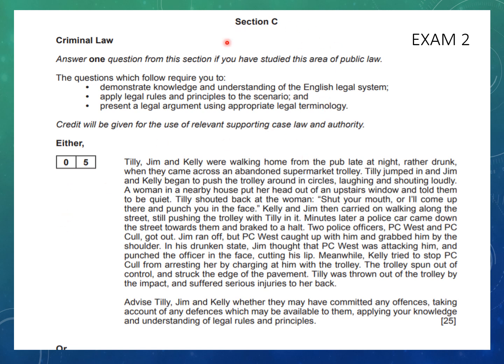If you've been studying human rights law, that would be in section D, and again you would choose either question 7 or question 8, whichever you like the look of best. But I've not included that slide in this video because I didn't teach human rights when I was teaching law. I taught criminal, contract and tort, so that's why I've included those on this slide.